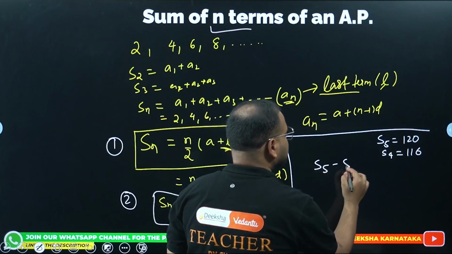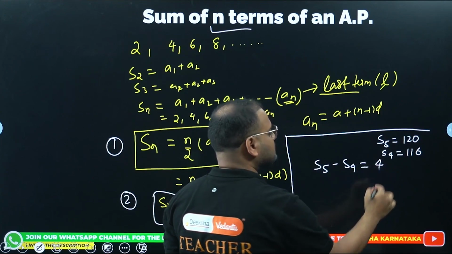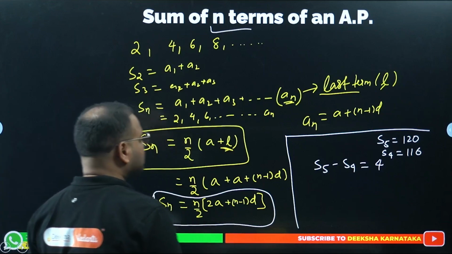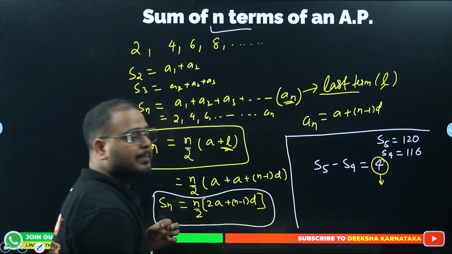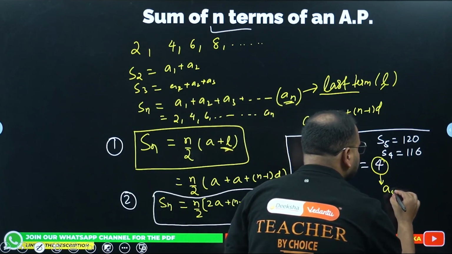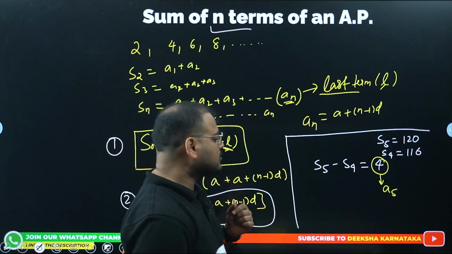S5 minus S4. You'll say, sir, 4, no? My question is not what the difference is going to be. My question is, what is this 4 going to represent? This is going to represent A5, the fifth term. How, sir?